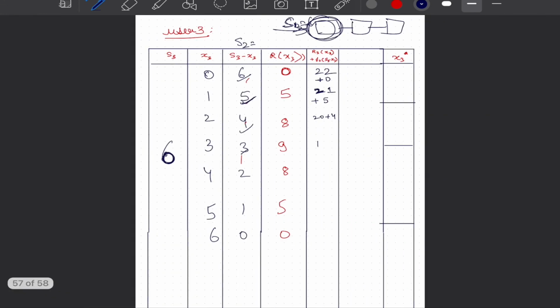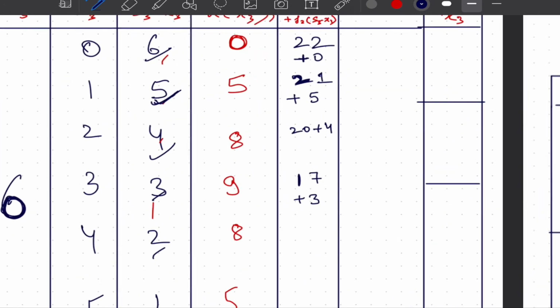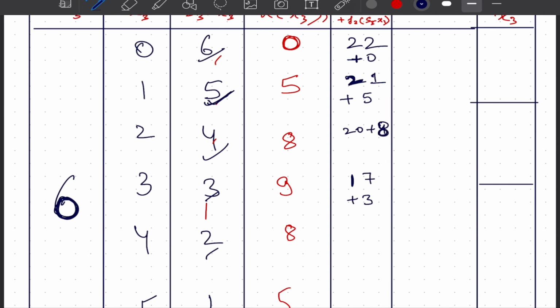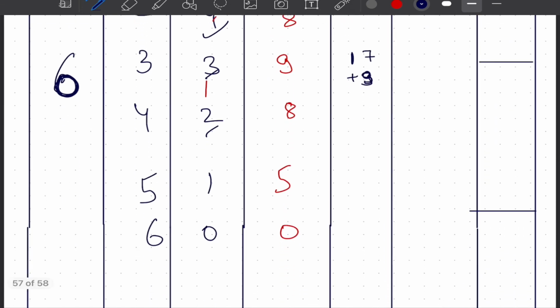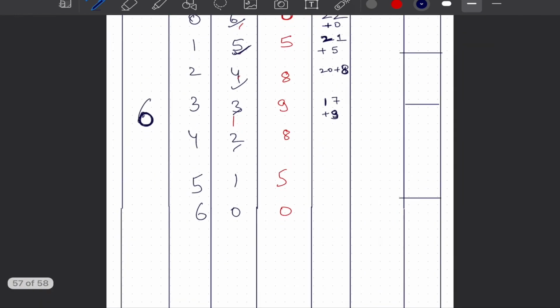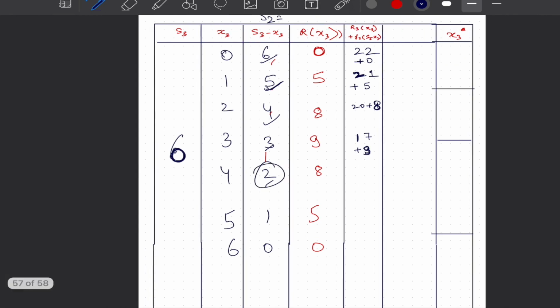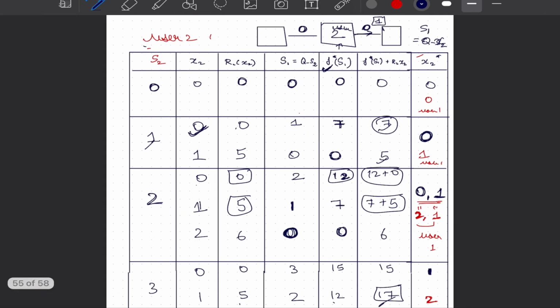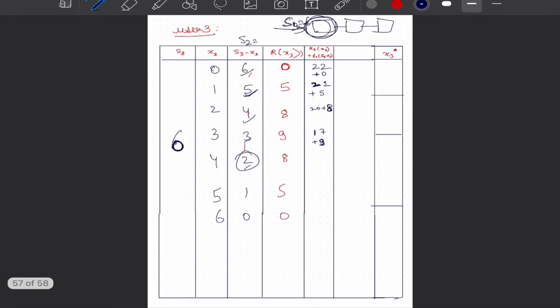If 4 units are available, we should allocate 4 units corresponding to 20. So we will write 20 plus 8 here. If 3 units are available, we will go here, and correspondingly we should have returns of 17 plus 9.